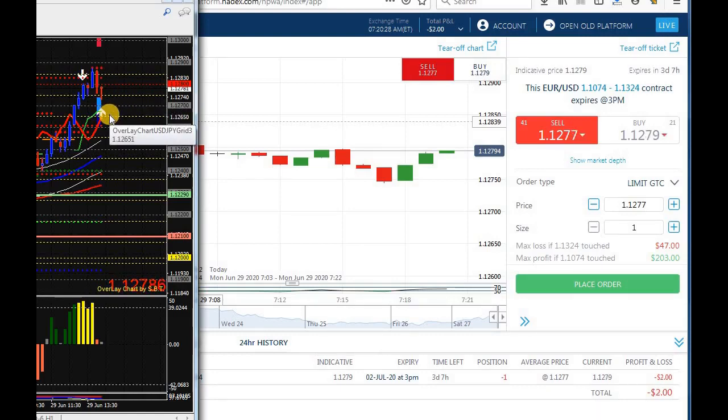So build that patience. Wait till you hit those key levels where everyone's waiting, and then decide: is this a better key level to buy at, i.e. right here, or is this a better key level to sell at, i.e. right here.